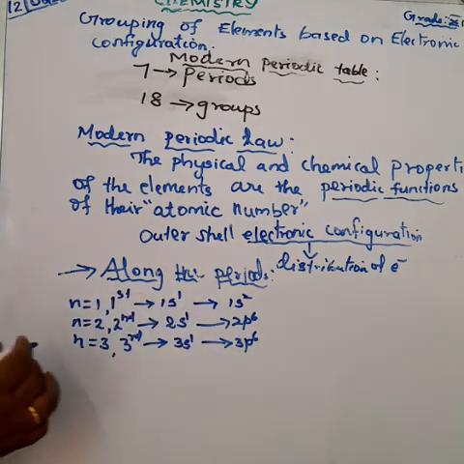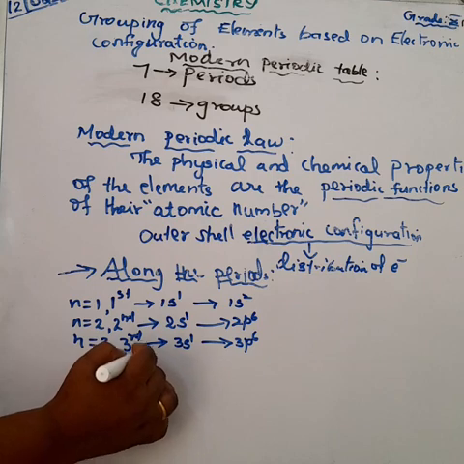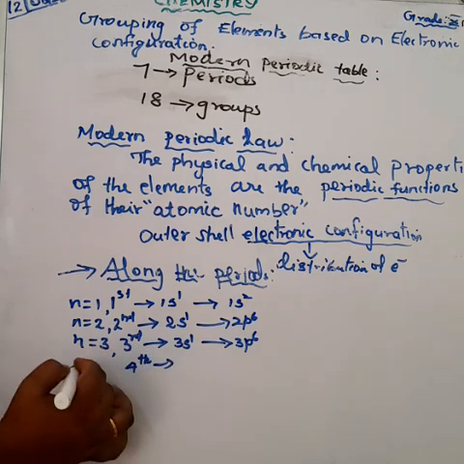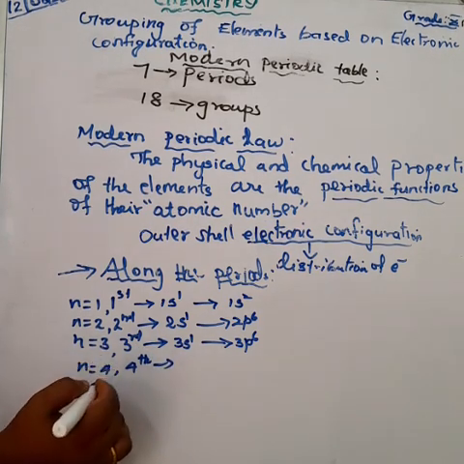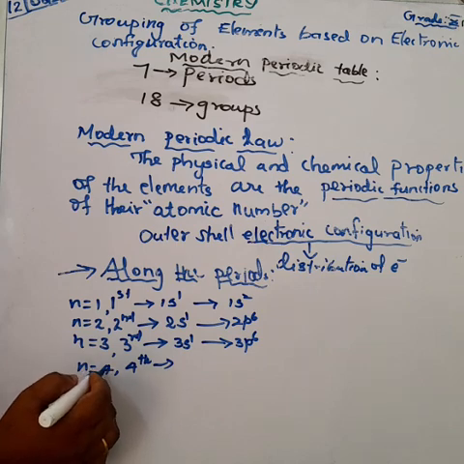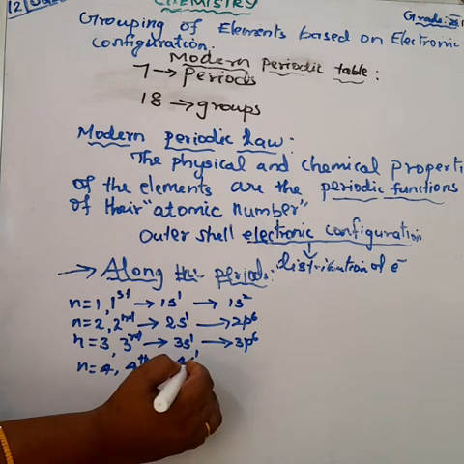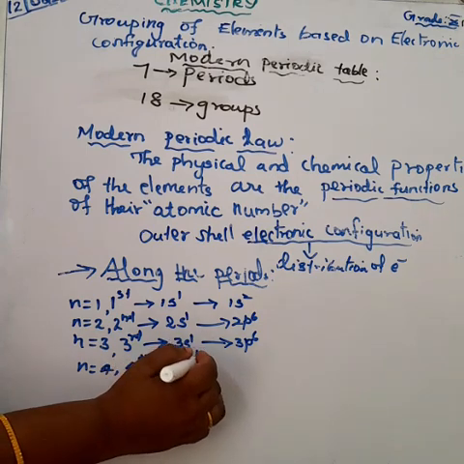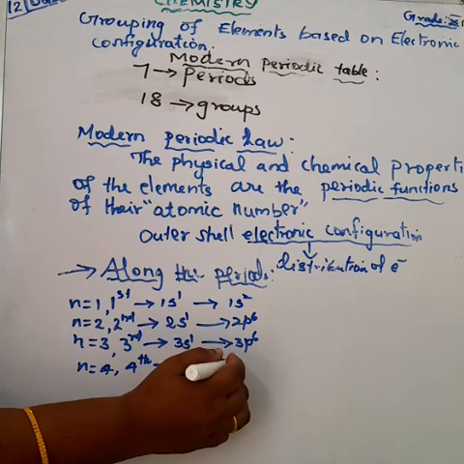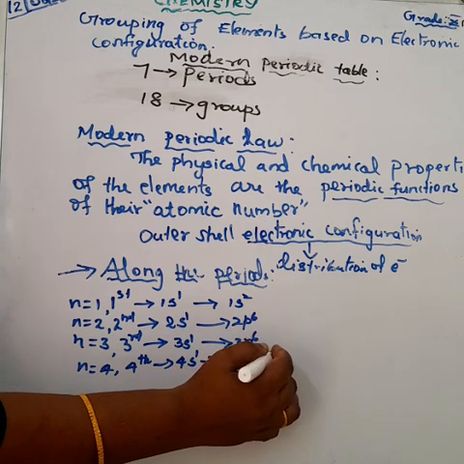And the fourth period, when n is equal to 4, starts from 4s1, followed by 3d, and is completed with 4p6.